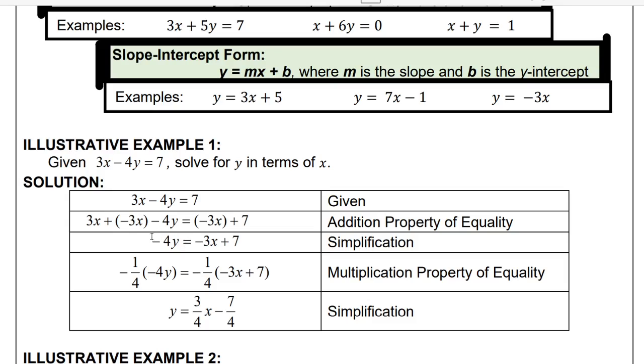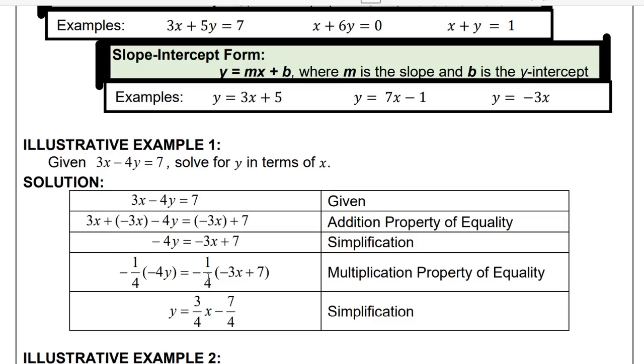So since we have here negative 4, we need to eliminate it so that y remains. So what we will do is multiply by its multiplicative inverse. The multiplicative inverse of negative 4 is negative 1/4.